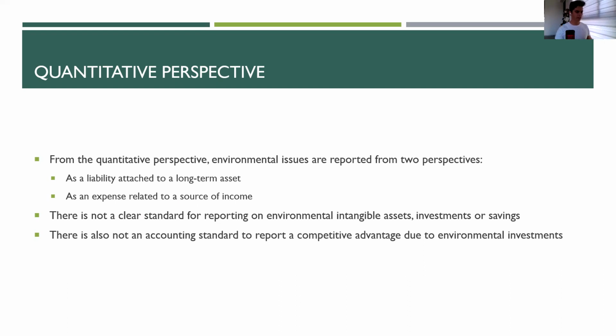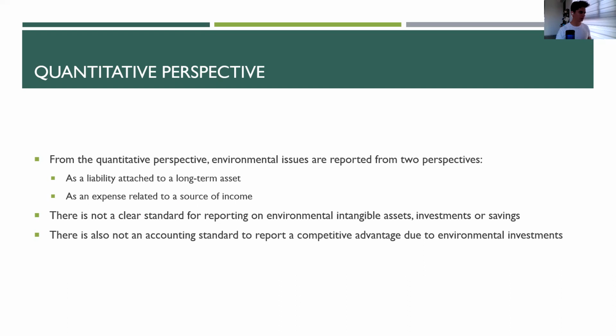So I said a couple of techniques because basically what is in the accounting standards so far is mainly these two issues. First, when we have a liability attached to a long-term asset, I will explain this in more detail, but it refers to when you have the obligation to do something in terms of environment, but in the future.